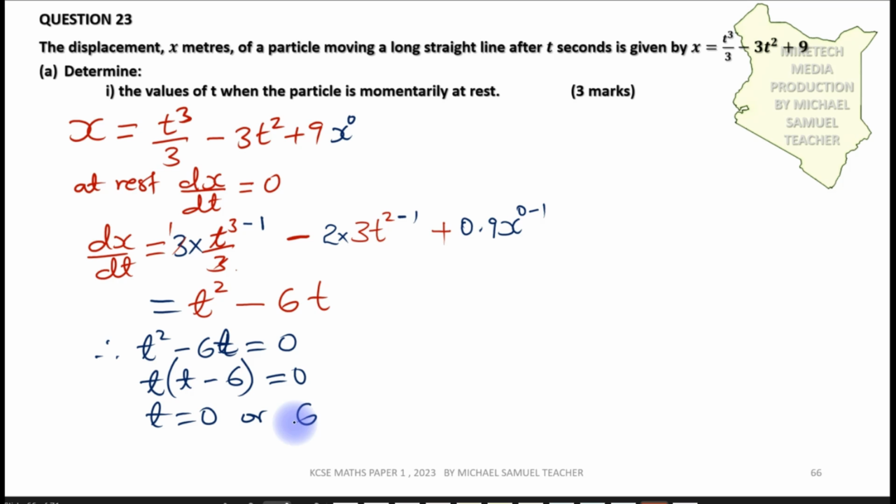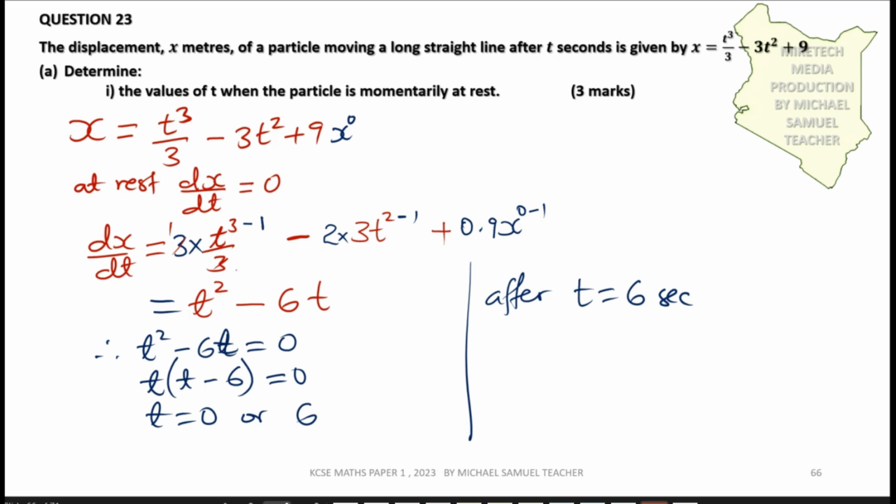So from the starting point, after t is equal to 6 seconds, because the initial starting point t was 0, the particle will be momentarily at rest.